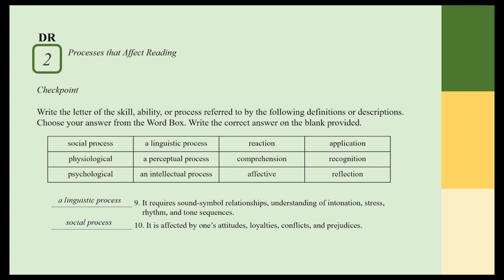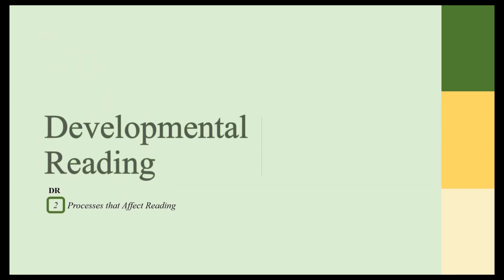I hope you performed really well. Alright. This is DR2 or Developmental Reading 2, processes that affect reading. Remember that we are still in the first chapter of Developmental Reading. This is Sir CJ and I hope that I will see you in the next video lesson.